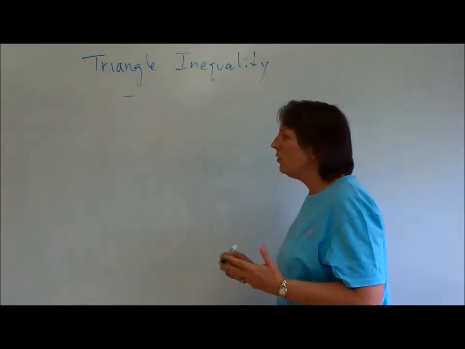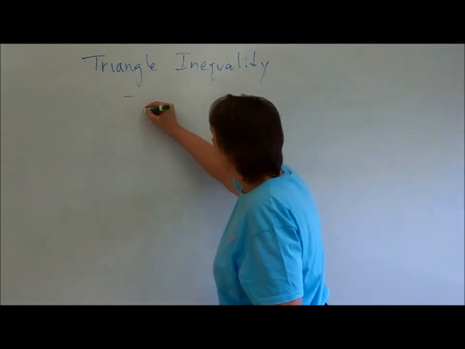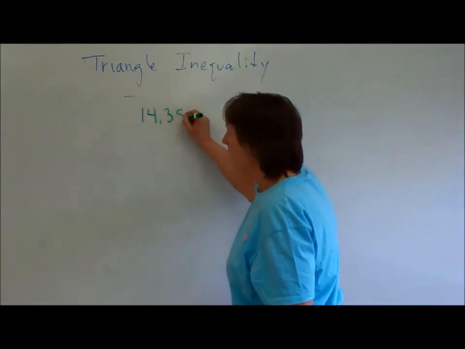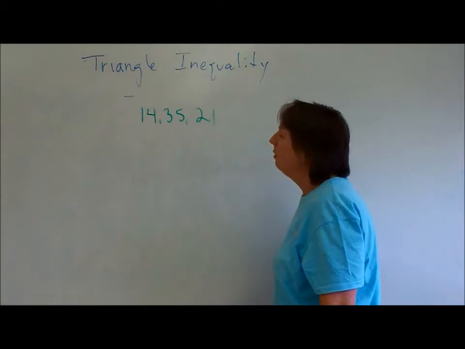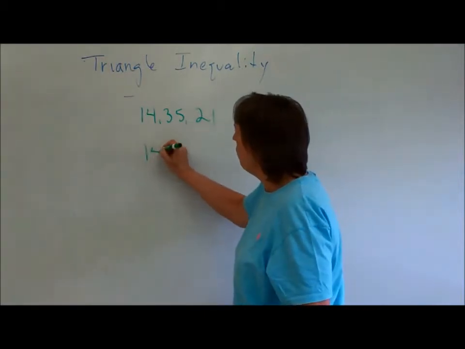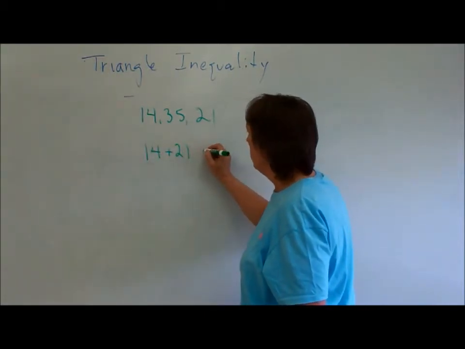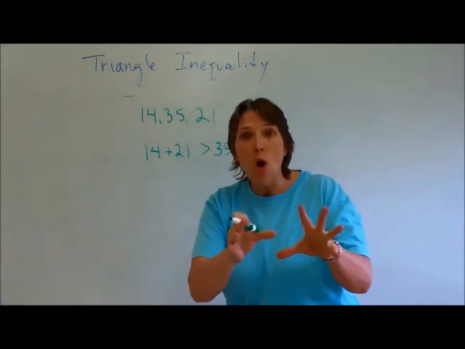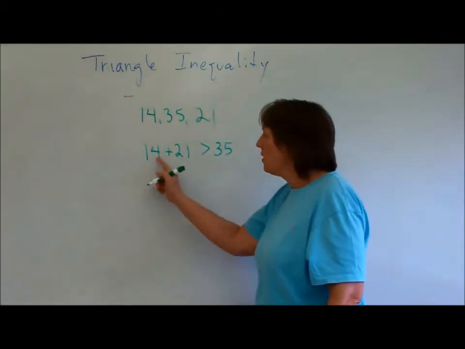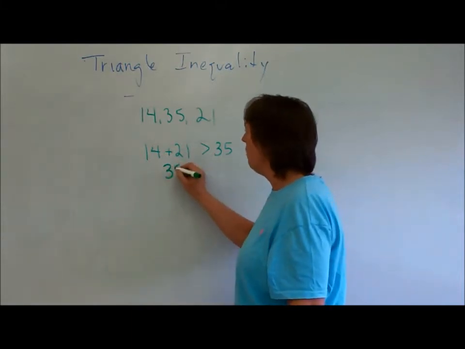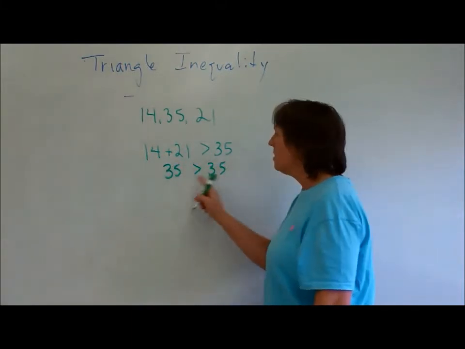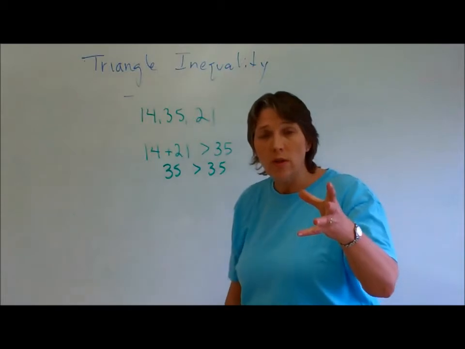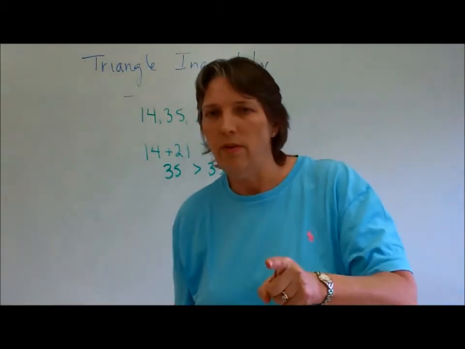Now that takes us to this one: 14, 35, and 21. We start with 14 plus 21 is greater than 35. No, it is not, because 14 plus 21 is 35. 35 is not greater than 35. It equals 35, but it is not greater than 35.